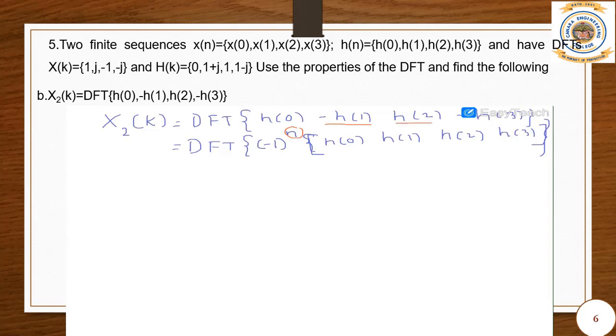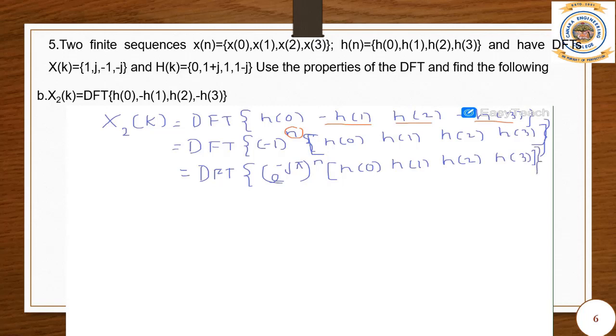When n value is 3, you get minus 1 multiplied with h of 3, you will get minus h of 3. So further I can write this as DFT of e to the power minus j pi n, h of 0, h of 1, h of 2, h of 3.